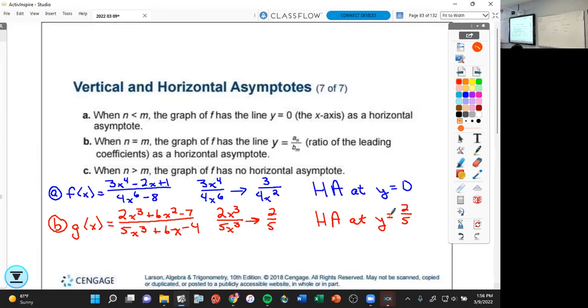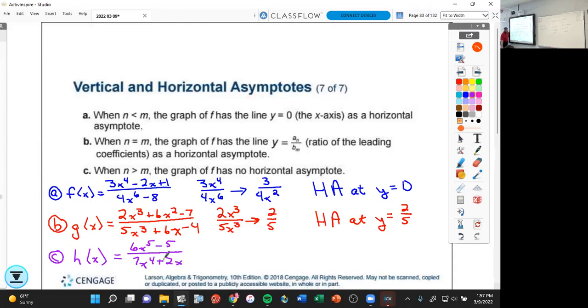So what do we look at here? I looked at part A, the degree of the denominator is bigger. Part B, the degrees are the same. What's left? N is greater than m, which means the top is bigger than the bottom. So 6x to the 5th minus 5 over 7x to the 4th plus 2x.